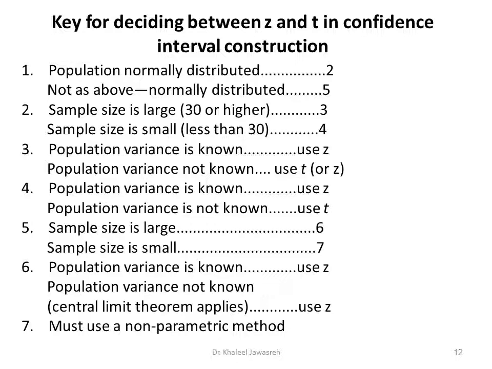Now, the main idea from this chart, so you can understand it in a good way: we do need to think about whether the population is normally distributed or not. If it is, you go to the second and third steps directly. Then we think about the sample size and also the known or unknown variances.